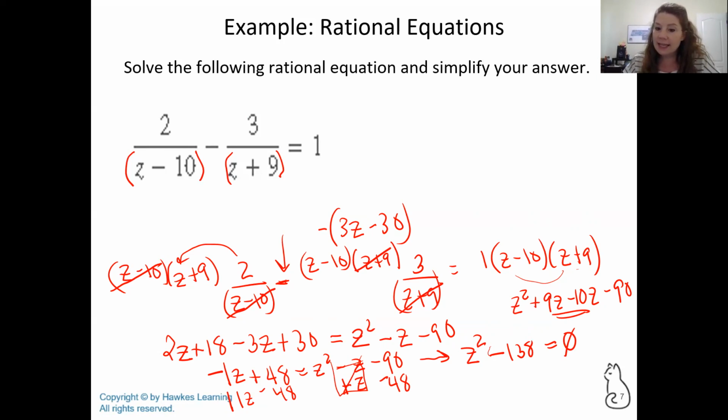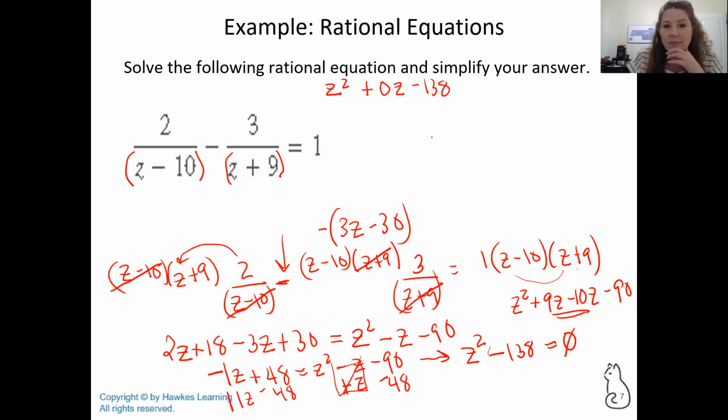And then, let's see, I think I have to use the quadratic formula, right? Because technically, I have z squared. I don't have a z to the first power, so really my b is 0. And then minus 138. So am I going to have to use the quadratic formula?